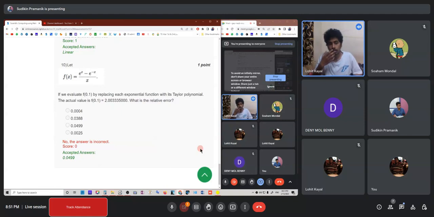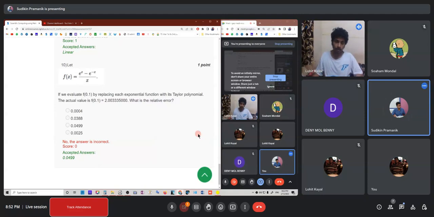Okay, relative error, right? So what will be the expansion? For e to the power x minus e to the power minus x, the Taylor expansion, if you go up to the x squared term, the third term, then e to the power minus x minus e to the power x will be x square.